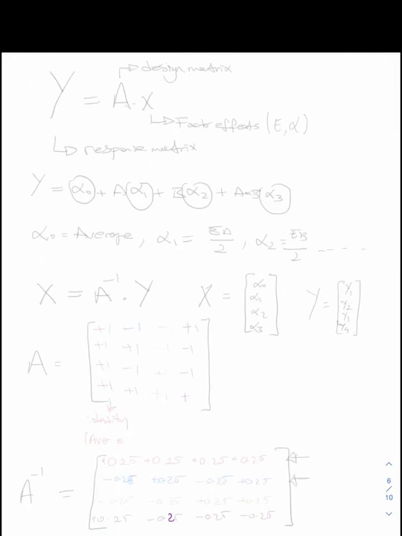Okay, now we learned how to do this by hand. That means that we can use these standardized tables to figure out what the effects of variables and the system response are. You can also do this in matrix form. That means that I define my response y equals A times x.